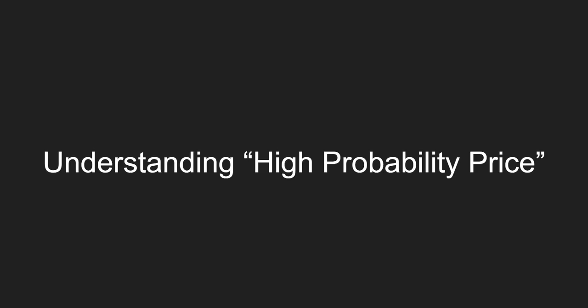To recap, with high probability time, we're looking at time zones or hot zones where there's a high probability of volume trades. Pretty much you have higher volume, higher volatility, and more price movement. And we have smart money, institutions, the system, everyone in the market within that time zone.